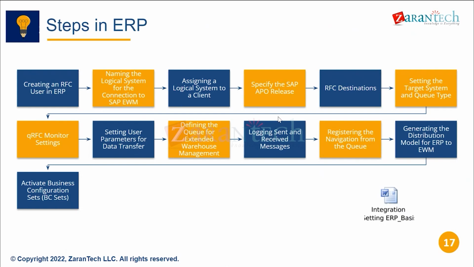You can see naming the logical system to connect with the EWM system, then assigning the clients, which client it has to be, and which APO releases we should use, the destination, setting the target systems and the queue types, the queue monitoring settings, parameters to transfer the data, and the queues for the EWM system, which have to be defined in the ERP system. These are all the ERP settings which have to be done before you start the integration with the EWM system.